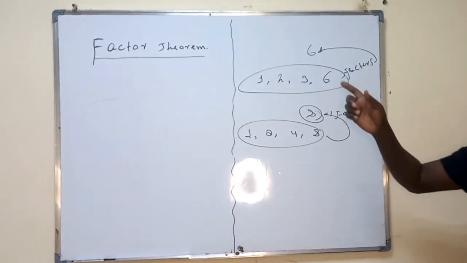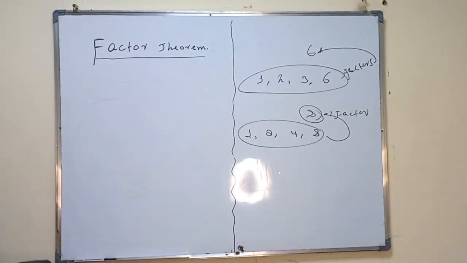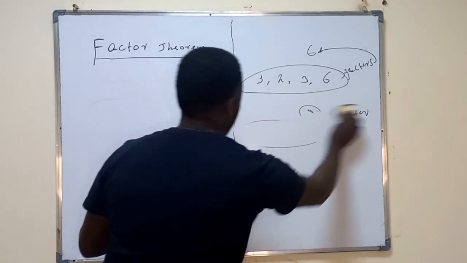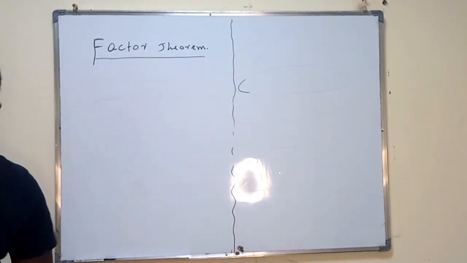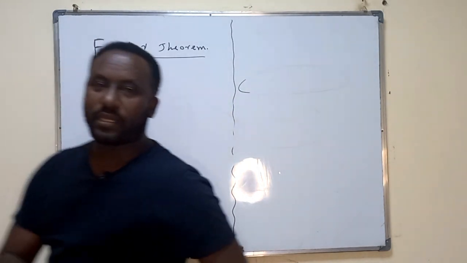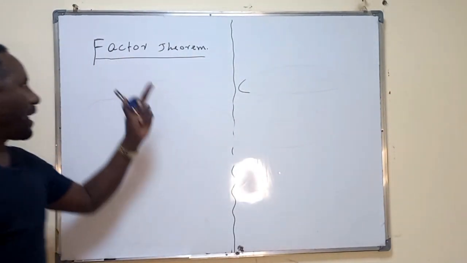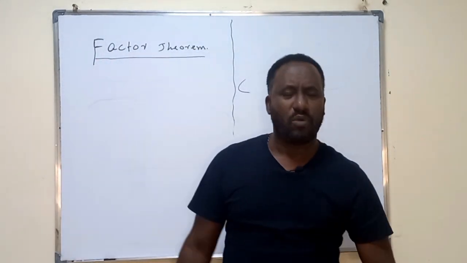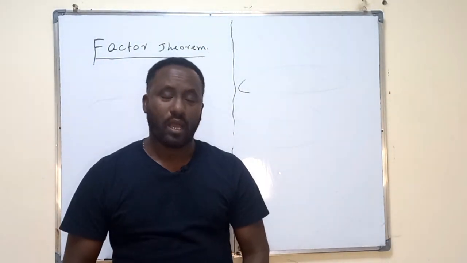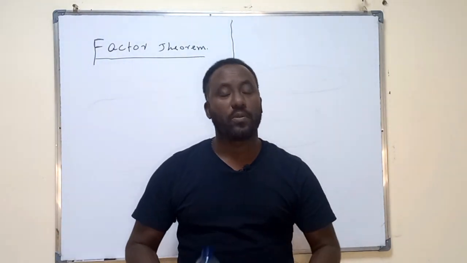So let's come back to what the factor theorem in general means. To explain the factor theorem, no special concept is needed; just think of it simply. A theorem is any mathematical statement that needs to be proved.